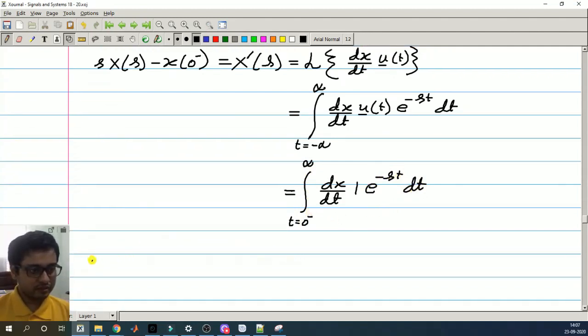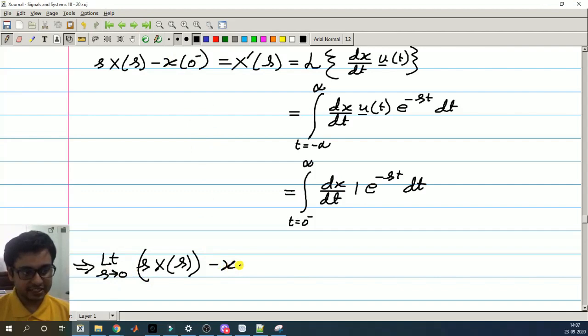Now let me take the limit s tending to 0 on the left side, so this will be the limit of s Xs, and x0 minus will remain as it is. This will be equal to this right side with the limit s tending to 0.